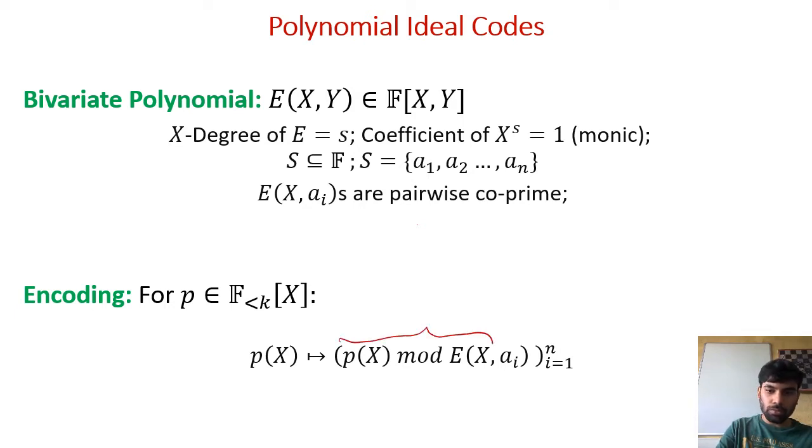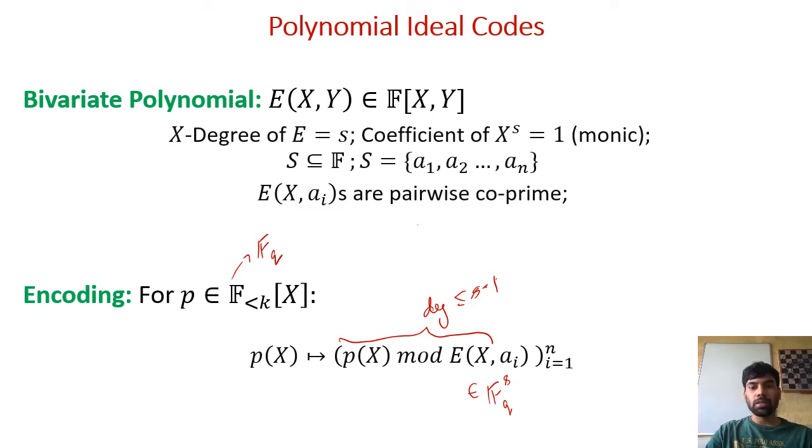So it can be encoded by specifying s coefficients. So actually the encoding here can be thought of as residing in F_q^s. If this field F is F_q, then you can think of this object residing in F_q^s, and the entire code hence resides in F_q^s. So it is a block length n code, but the alphabet is now F_q^s.